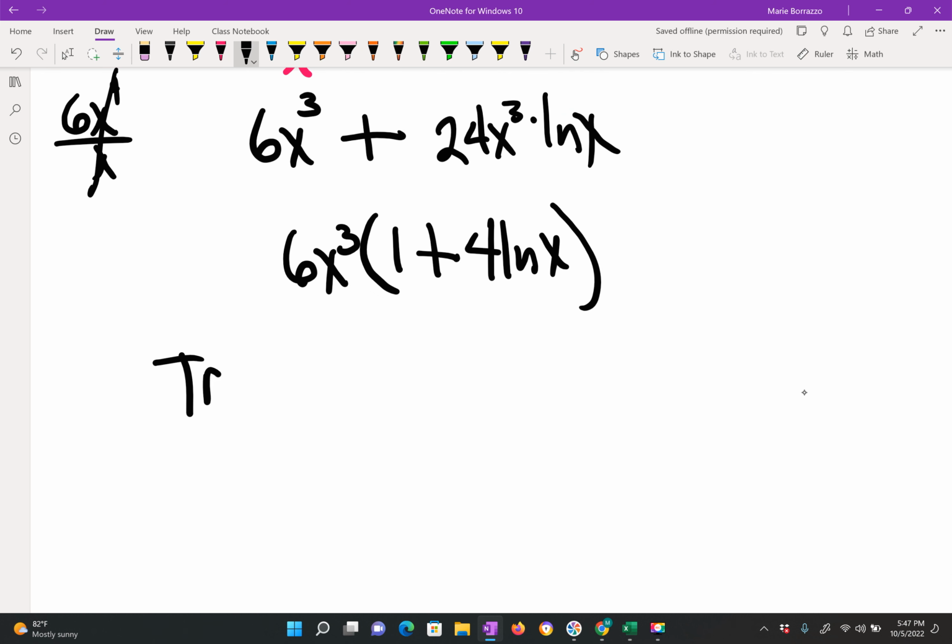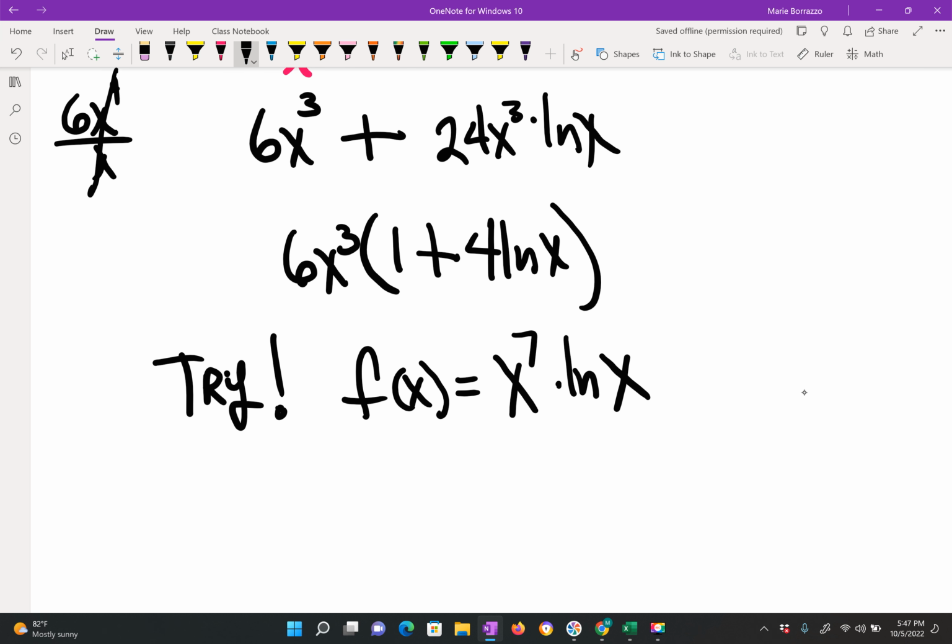So try this one. So I have f of x is equal to x to the 7th natural log x. Give that a shot.